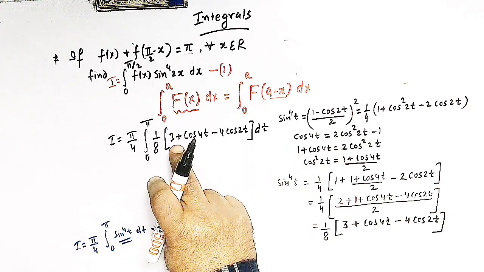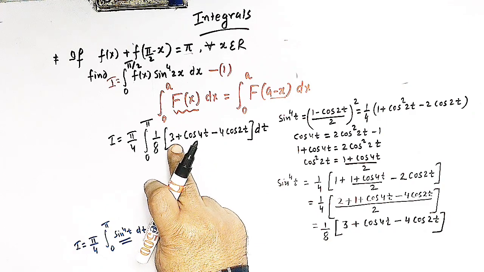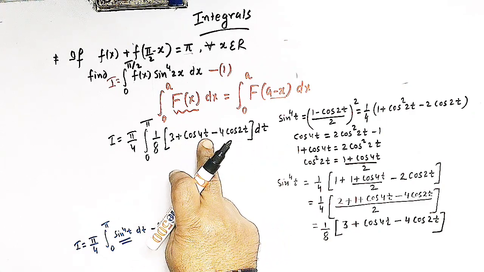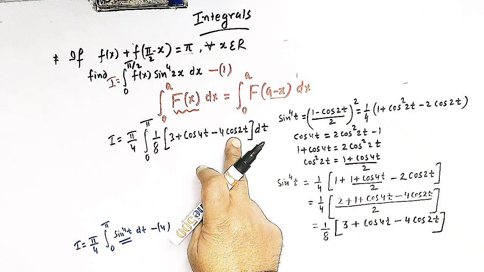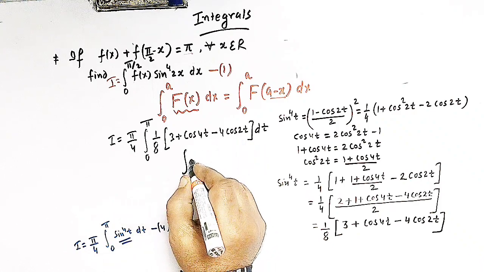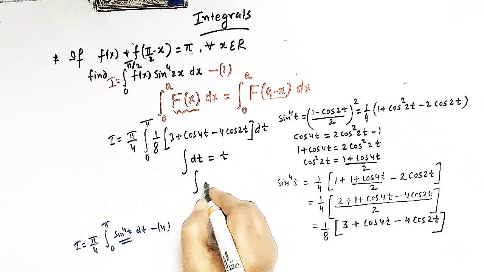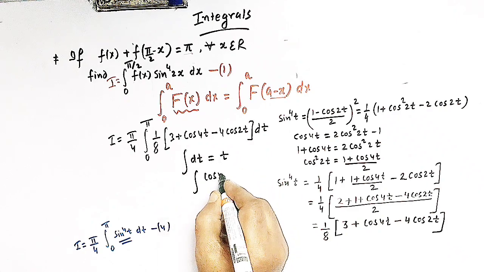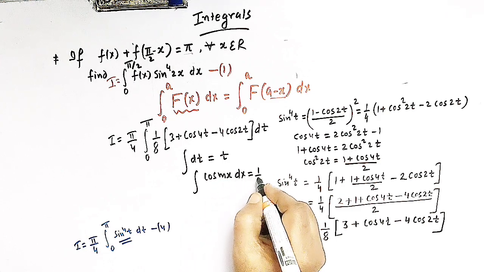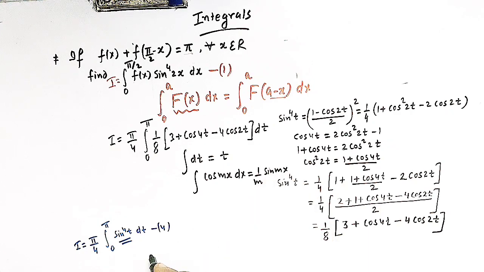So now we can easily integrate this expression, because we know the integral of 3 dt, and then cos 4t and minus 4 cos 2t. So here we'll make use of this result, that is integral dt is t, and integral of cos mx dx is given by 1 over m, and here we have sine mx, right?